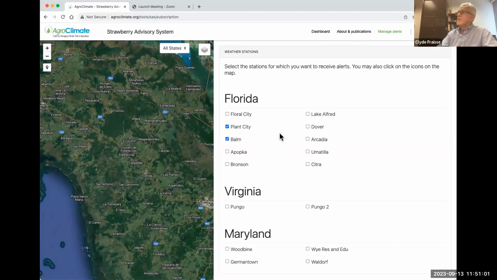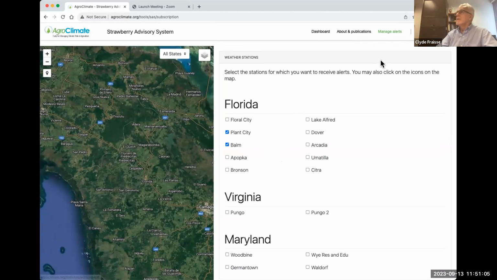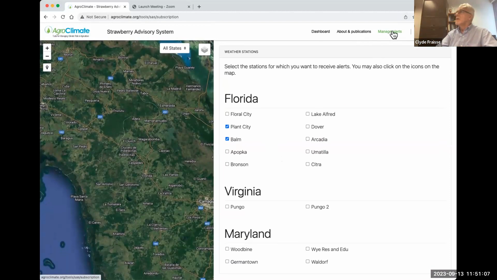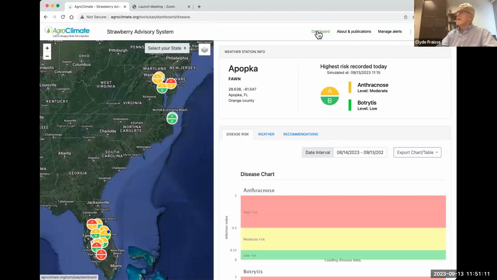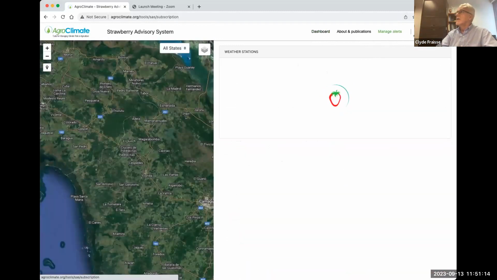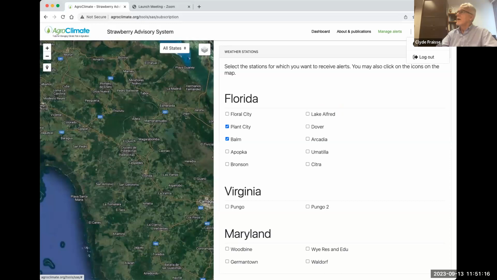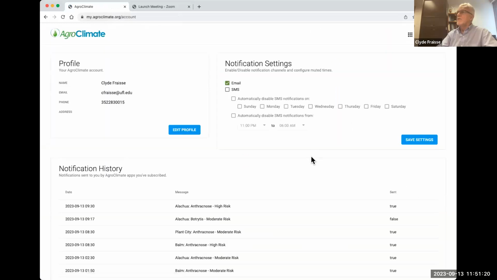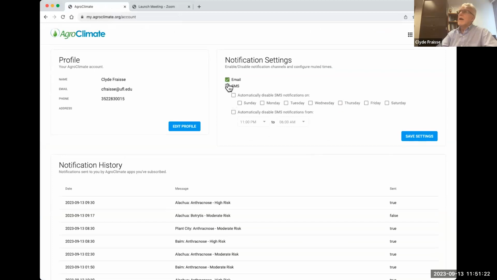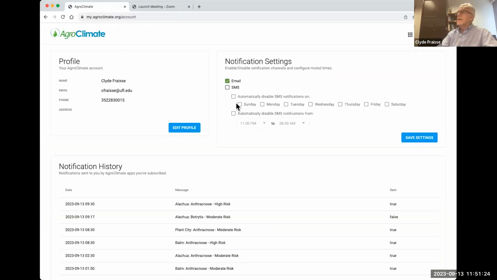And also, like I said, you can subscribe and manage your alerts in terms of which weather station you want to select. I remember well, I think it's here. Under my name, I can change a few things, like if I want to get it by email, by SMS, what days of the week I want to disable this, and time.